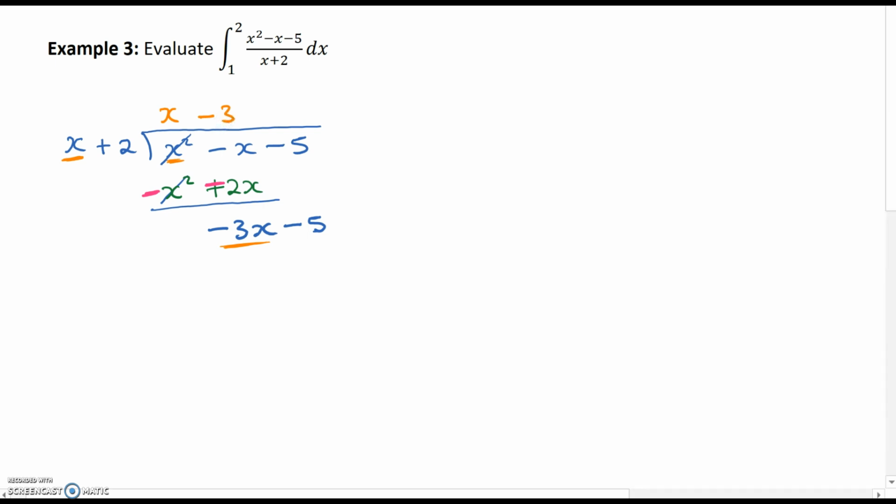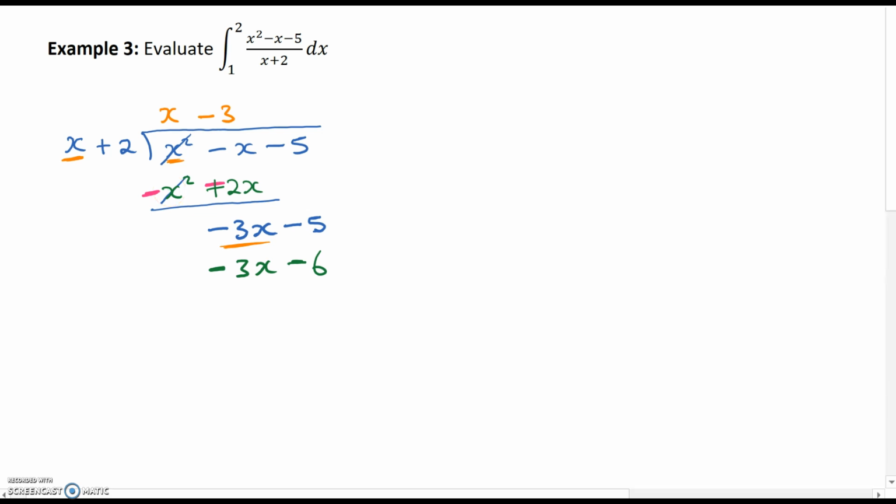Now everything out here gets multiplied by what we just put on top, same as before, which was negative 3. So negative 3 by x gives you negative 3x, and negative 3 by positive 2 gives you negative 6. Next step, remember, is the change of sign.